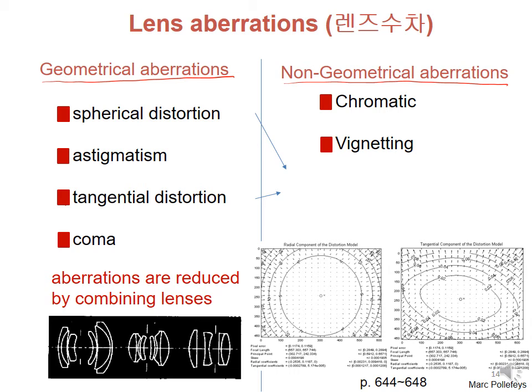Geometrical aberration includes spherical distortion, astigmatism, that is nanshi in Korean, tangential distortion, and coma. Among them, OpenCV provides routines to correct spherical distortion and tangential distortion.